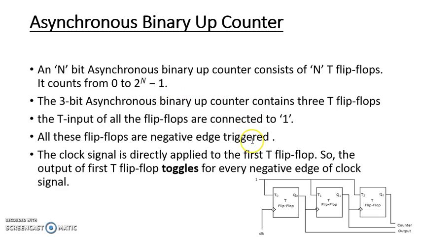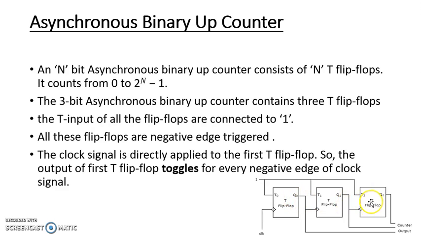Now we'll see the construction of the up counter. In this construction, the first T flip-flop's clock input is connected to the clock pulse to be counted, and if the second T flip-flop's clock input is connected to the Q0 output of the first flip-flop, then it is called the binary up counter.